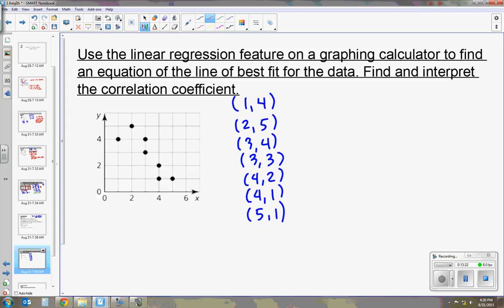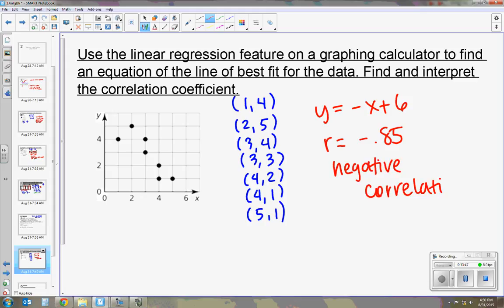So our equation is y equals -x plus 6, and our r equals about -0.85. Okay? Now, if we interpret the correlation coefficient, it is close to -1, so this is going to be a negative correlation.